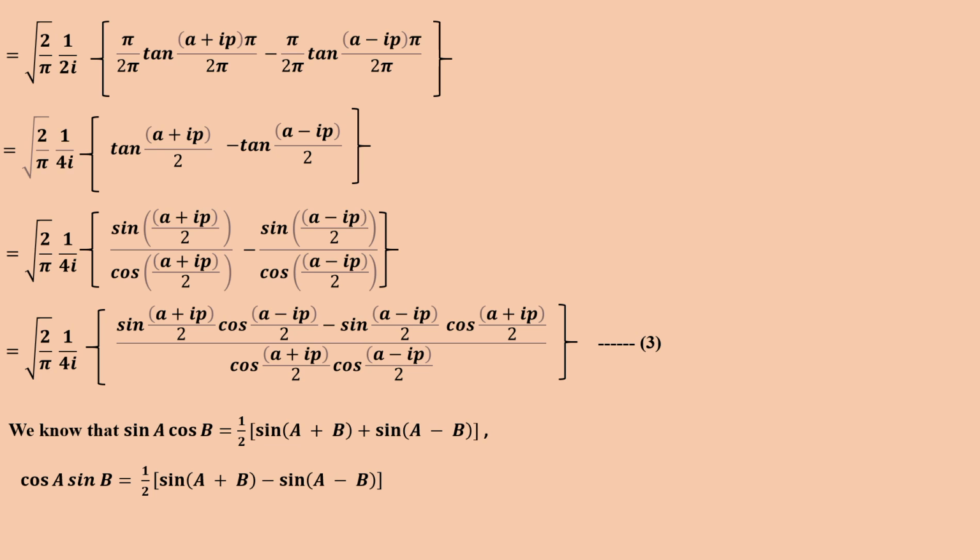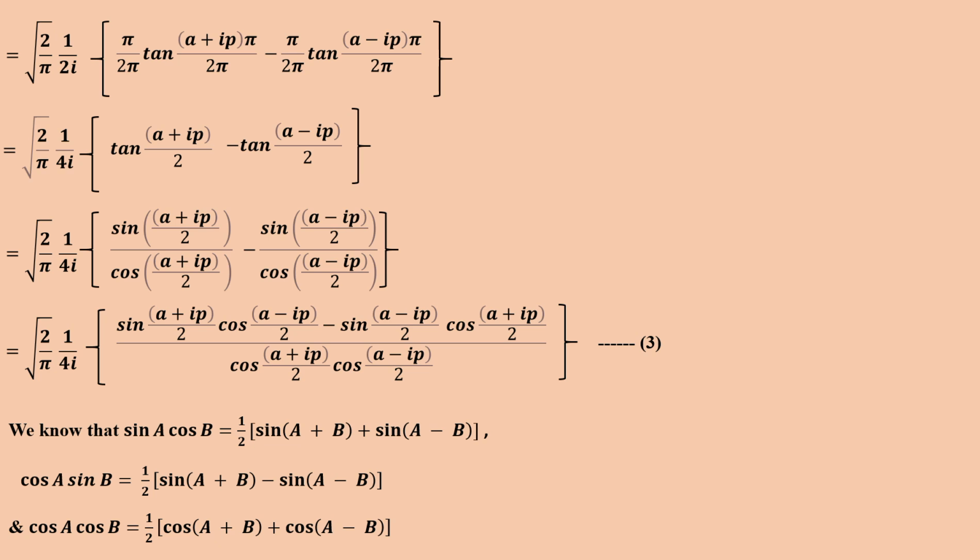We are going to use that formula, and in the denominator cos a cos b, that is also there, right? Now sin a cos b formula, half sin a plus b plus sin a minus b. Second formula is cos a sin b, half sin a plus b minus sin a minus b. And third formula cos a cos b, which is equal to half cos a plus b plus cos a minus b. We are going to use all the three formulas here.